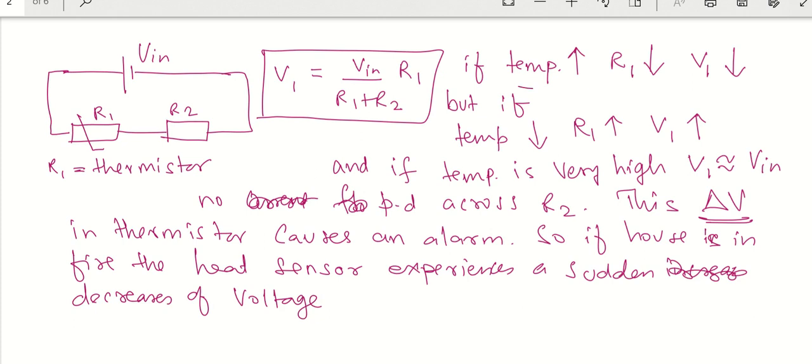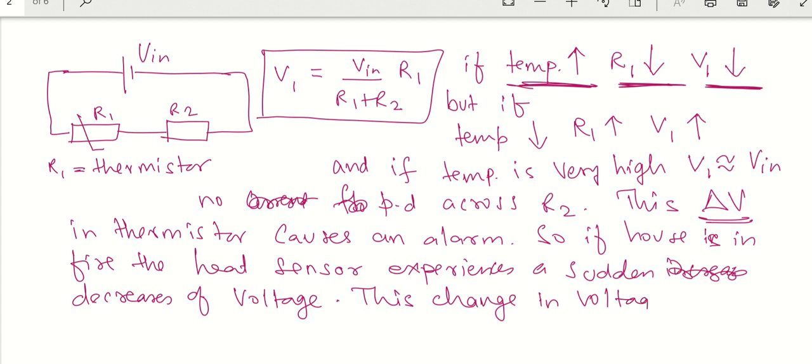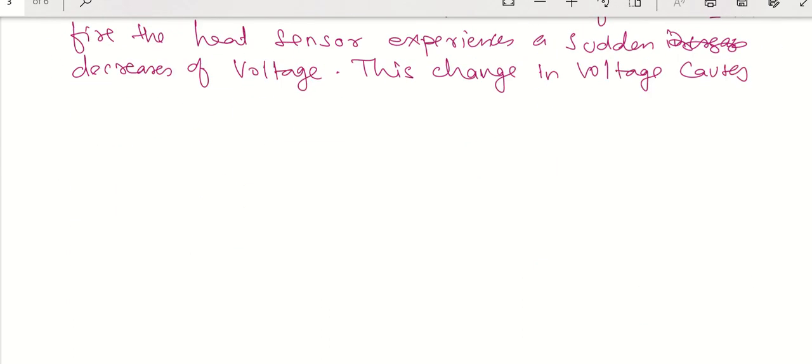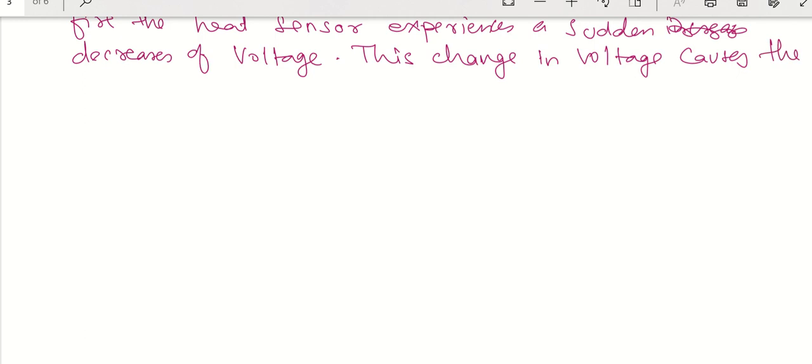In this case, temperature increases, R1 decreases, V1 decreases. This change in voltage causes the alarm to ring. Okay, so this is how your thermistor works.